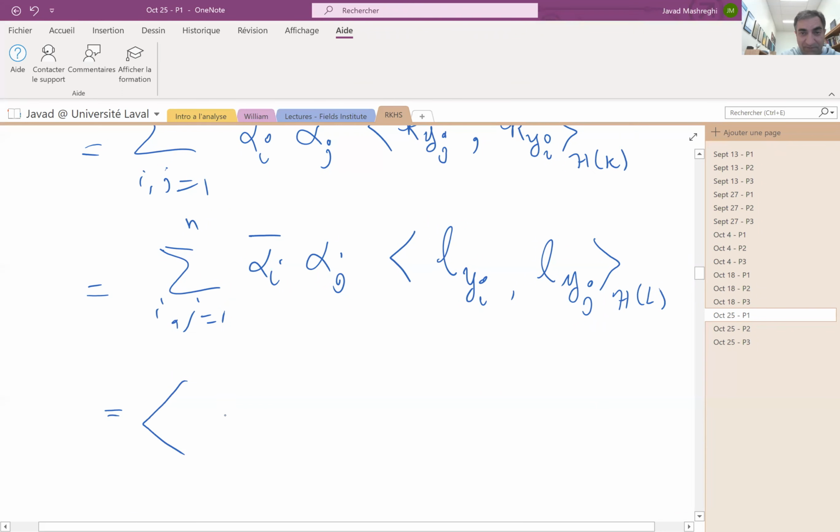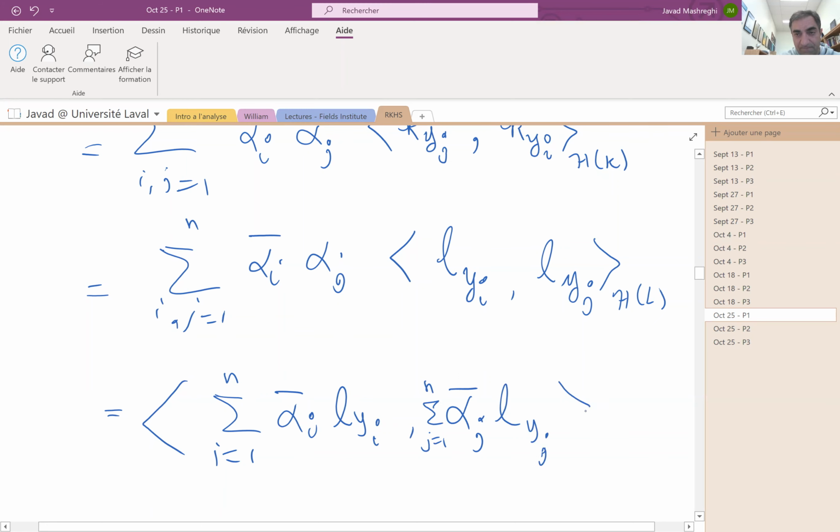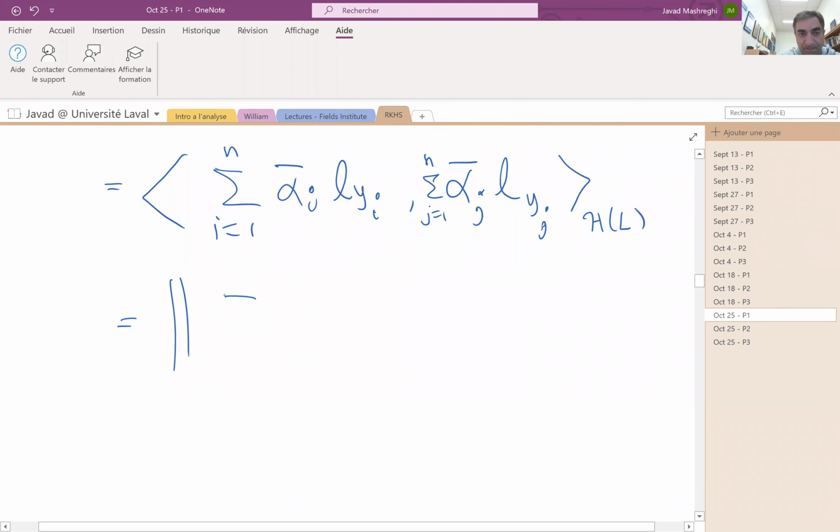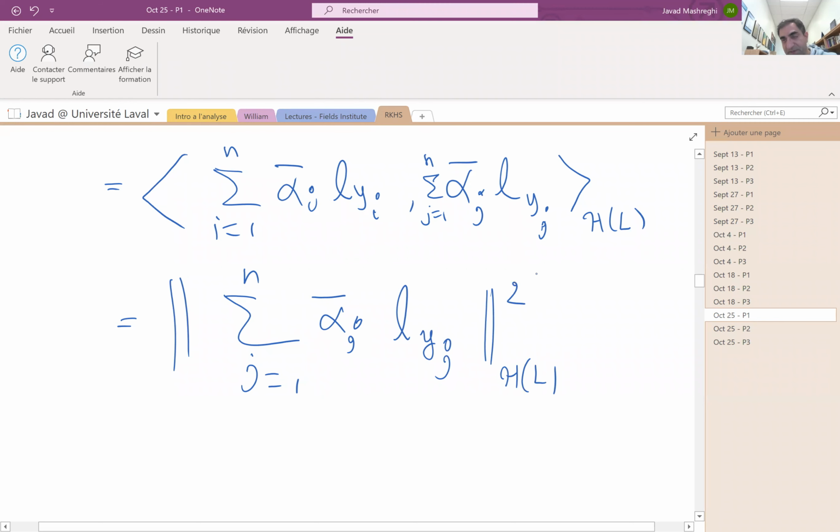So now I have sum i from 1 to n alpha i bar L of yi, and alpha j goes inside, it becomes conjugate, sum j from 1 to n L yj in H of L, and these are the same. So it becomes the same sum j from 1 to n alpha j bar L of yj norm squared. And this is precisely what I wanted to obtain, the isometry.